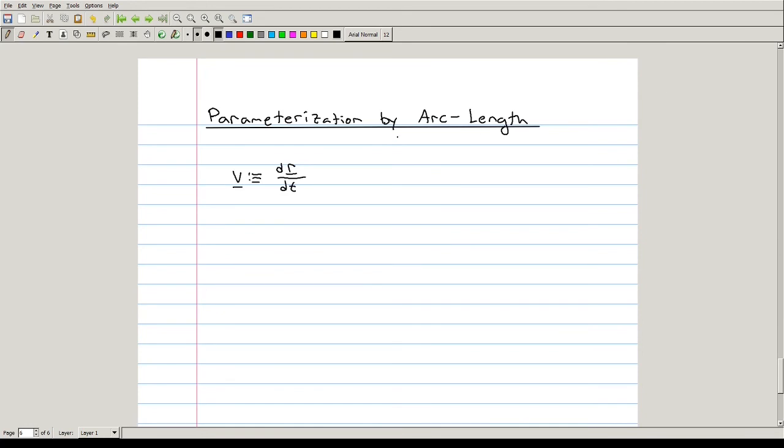So you'll recall that we defined the velocity vector as the derivative of the position vector with respect to the parameter t. This parameter could be time, it could be an angle, it could be a number of different things, as long as it's a scalar parameter. And you'll remember the chain rule from Calculus 1, which it's not too hard to extend.